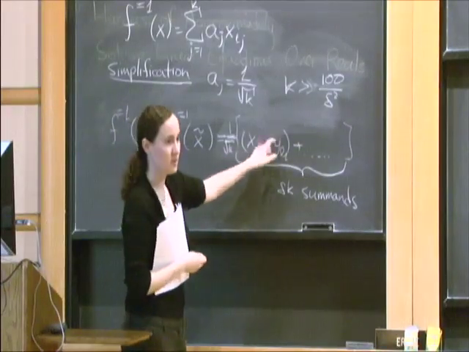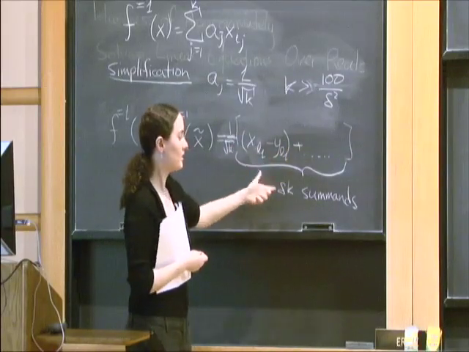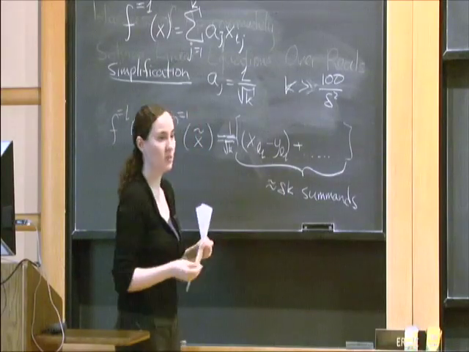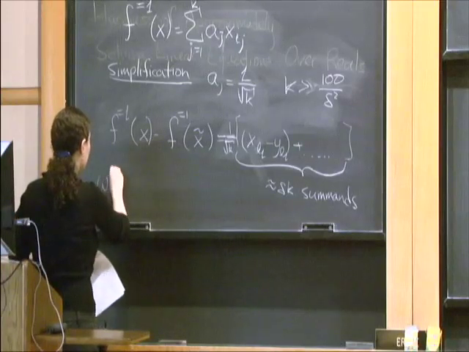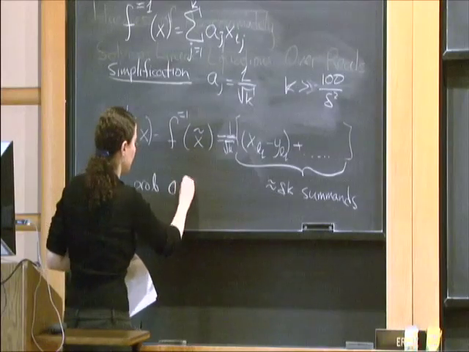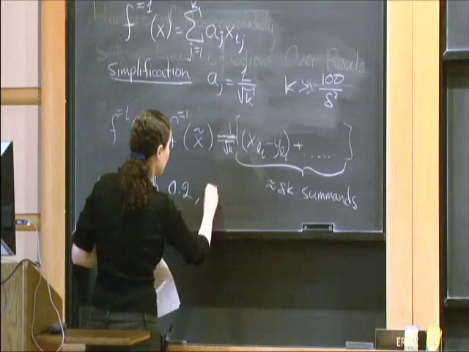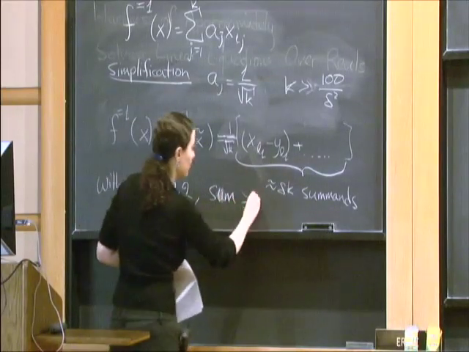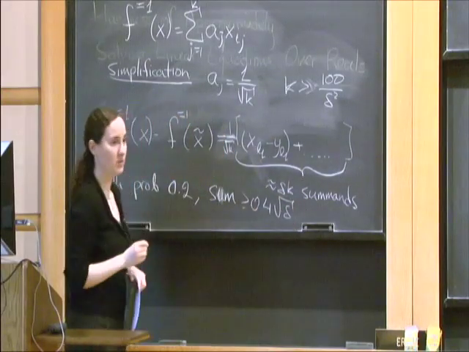All those things are just independent Gaussians. So I have here just the sum of around 2 delta k independent Gaussians. This is going to be, with probability, say, 20%, the sum is at least, say, 0.4 square root delta.